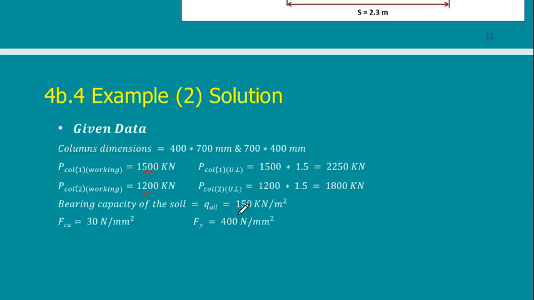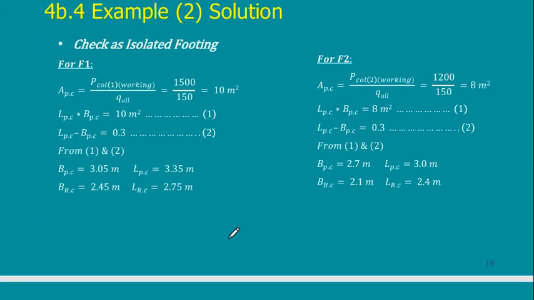Bearing capacity of soil given 150, F yield and FCU are also given. So these are the givens. First thing, check isolated footing. How am I going to check isolated footing? Divide the working load of the first column by the bearing capacity of the soil, and divide the working load of the second column by the bearing capacity of the soil.